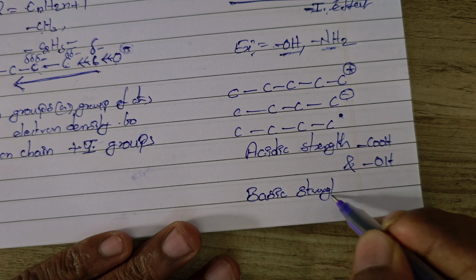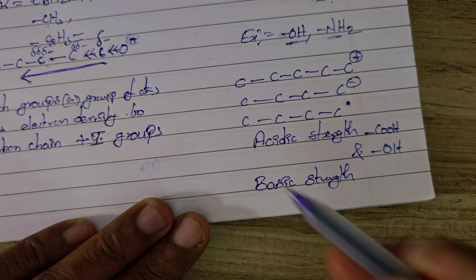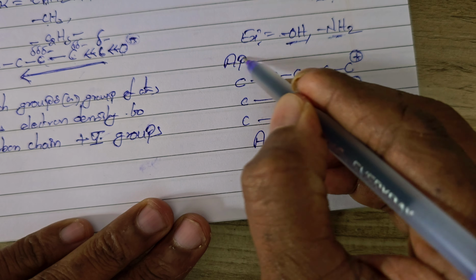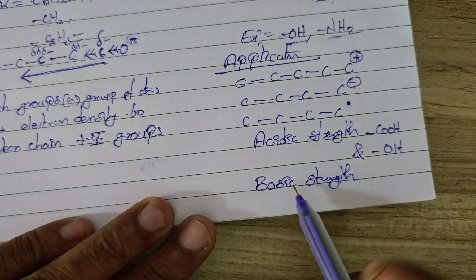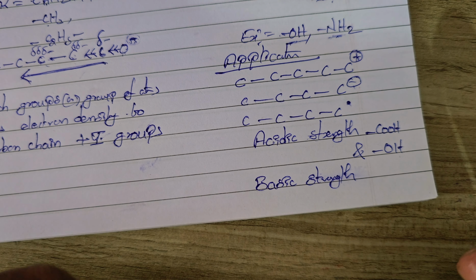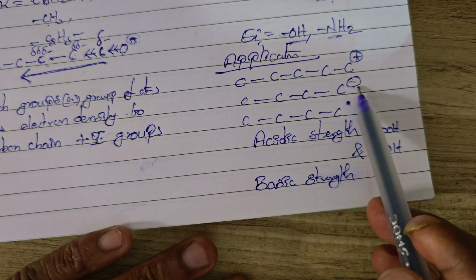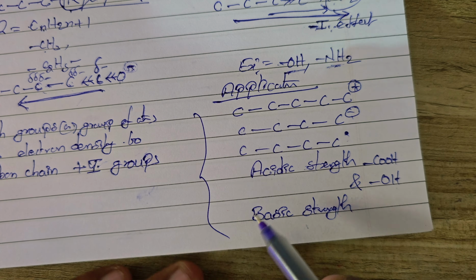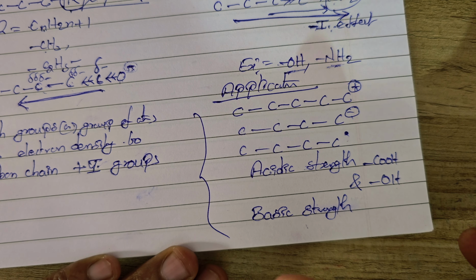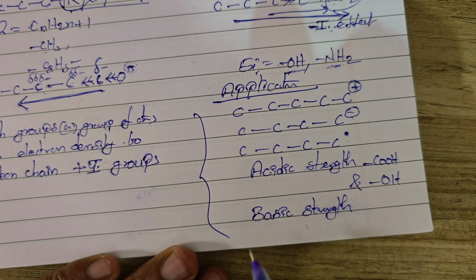Aliphatic amines, not aromatic amines. So what are the applications of the inductive effect? Stability of carbocation, carbanion, free radical, acidic strength, basic strength. These applications are important from the objective point of view, both for mains and NEET.